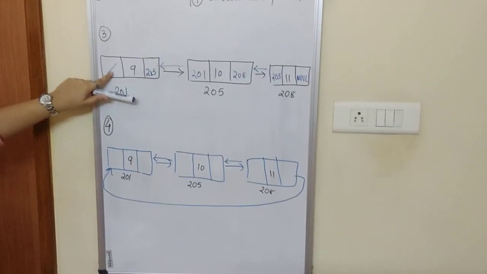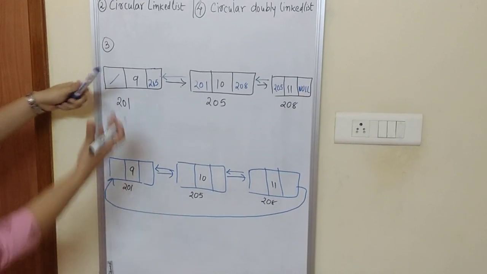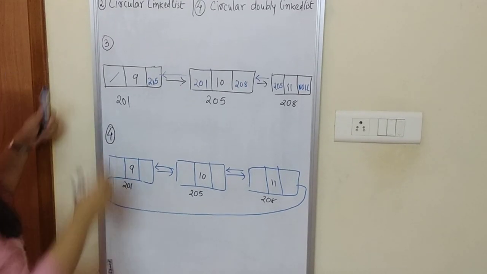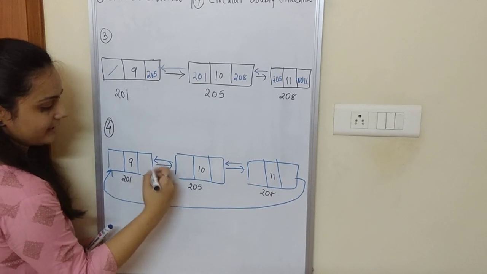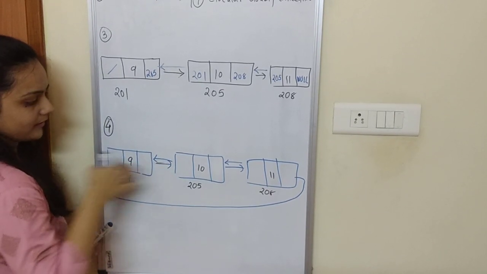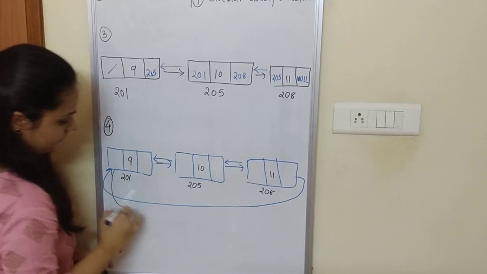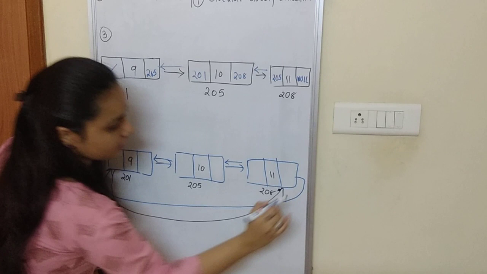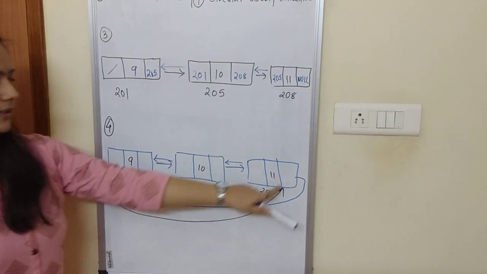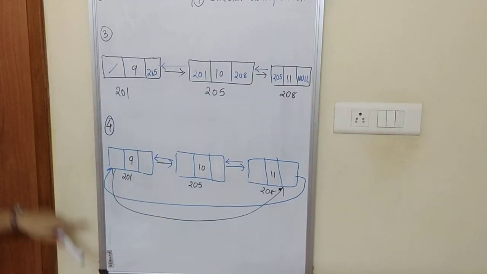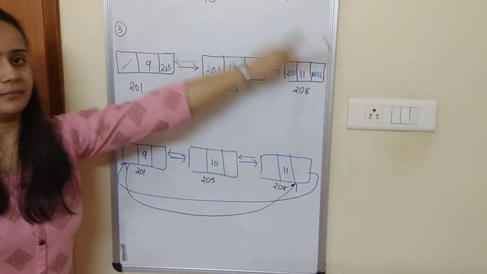In the doubly linked list example, we have written the slash over here because there is no other node in the previous. But here you can see, we have created the 2 arrow marks because we can traverse in both the directions, right? So here also we should traverse like this. It means the first node is also connected with the last node and the last node is also connected with the first node, as it is a doubly linked list and it is a circular doubly linked list.